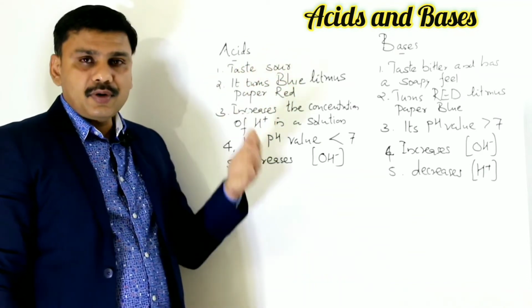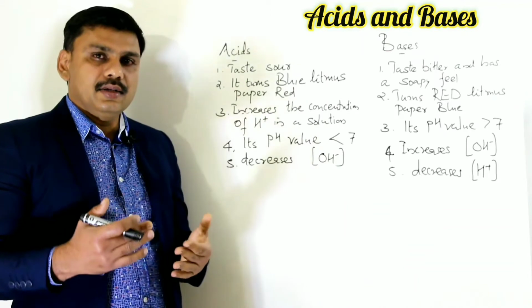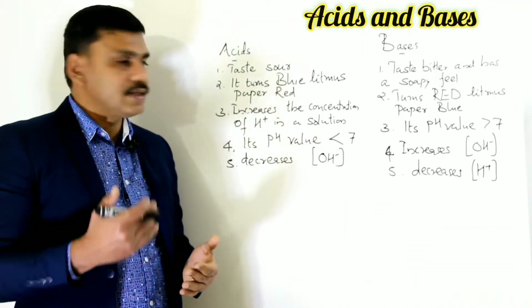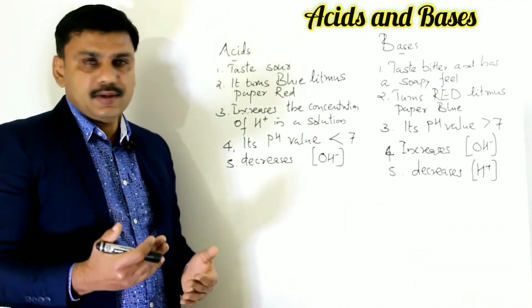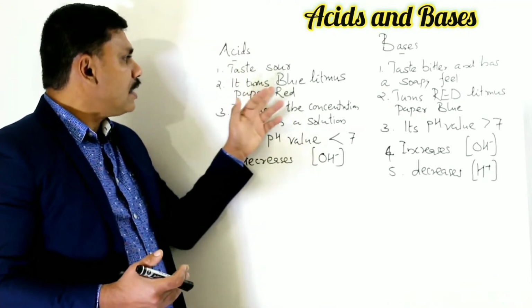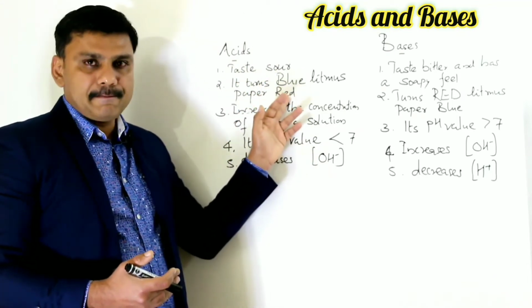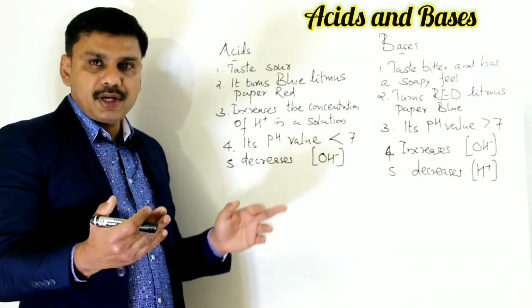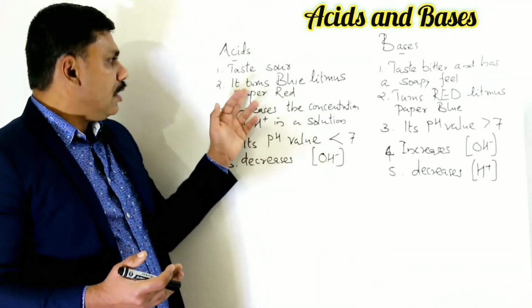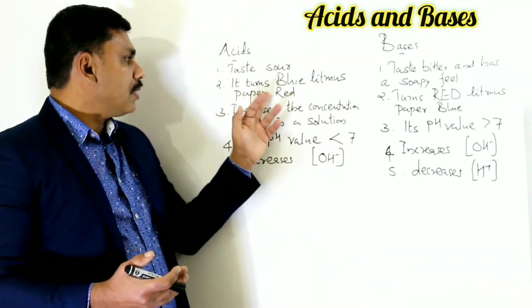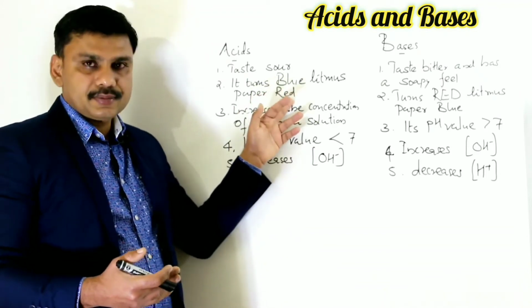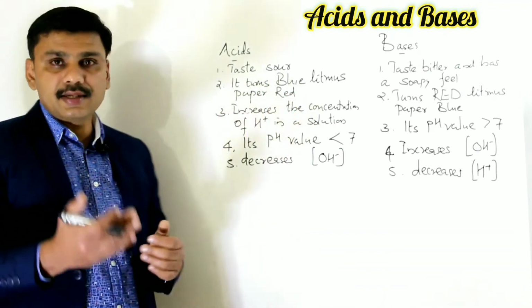and in some of the questions you can see their identification. Acids taste sour. It turns blue litmus paper red. So in a question paper, if you see blue litmus paper turning red, that means acids were used.